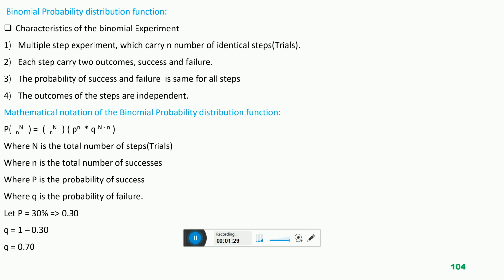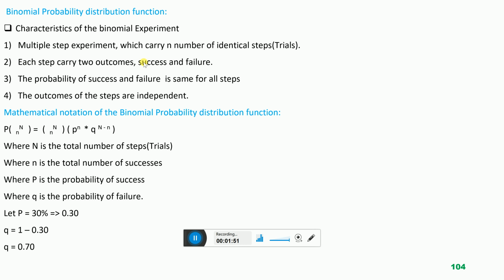So this is the first characteristic of the binomial experiment, that steps must be multiple, many steps, and steps must be identical.